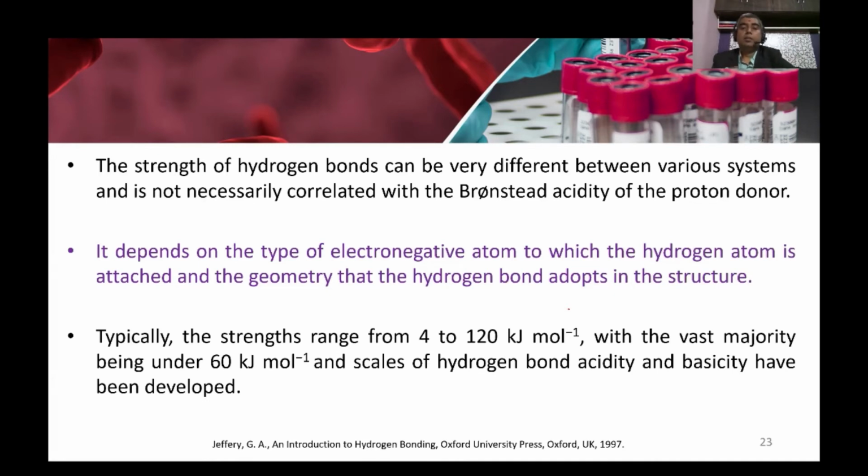Typically, the strength ranges from 4 to 120 kilojoule per mole, with the vast majority being under 60 kilojoule per mole, and scales of hydrogen bond acidity and basicity have been developed.